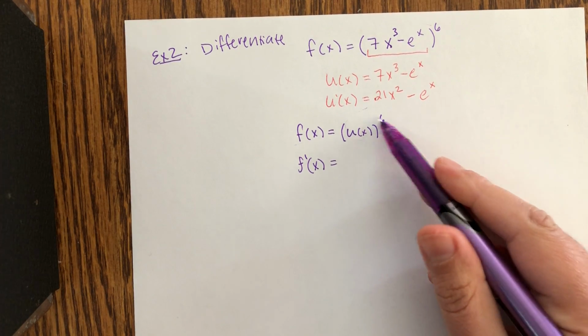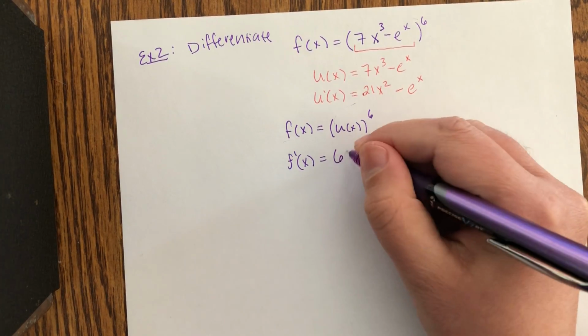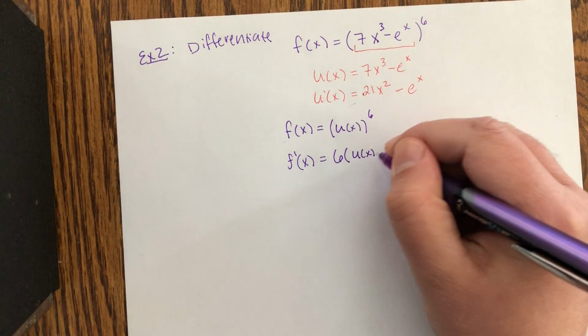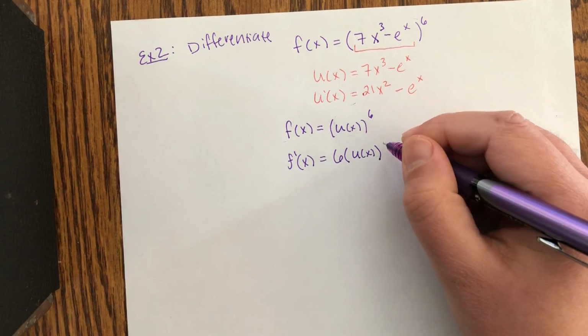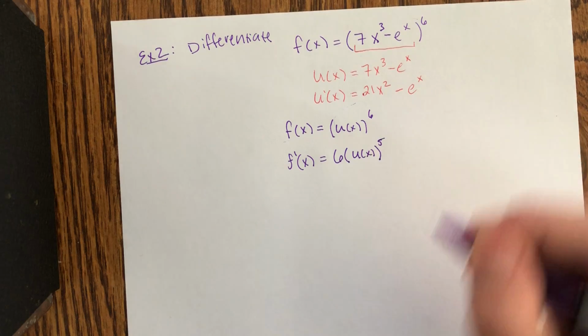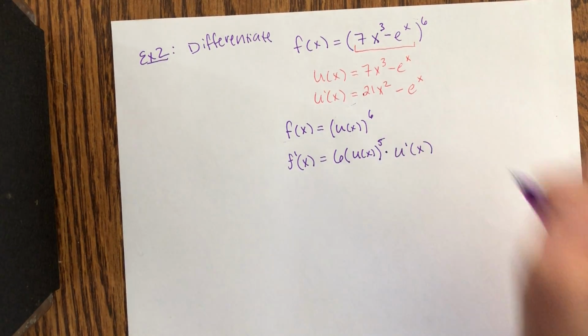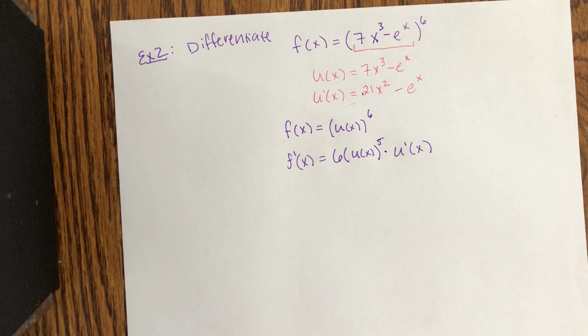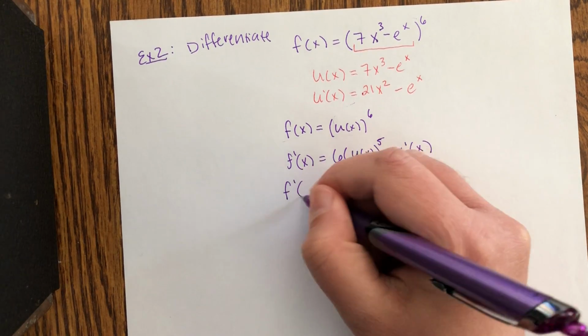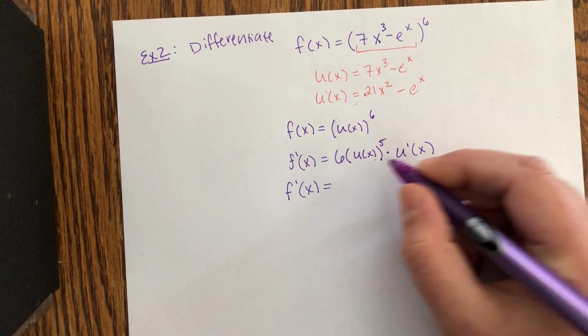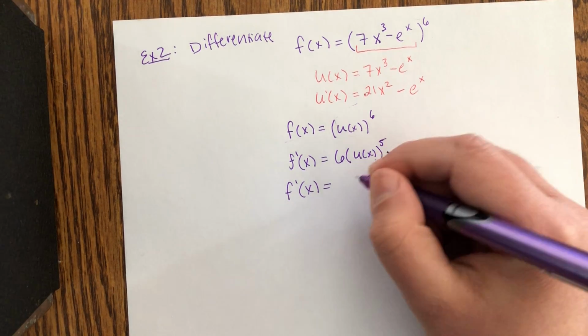The power rule says we bring that 6 down in front as a coefficient, leave the inside alone, raise it to the 6 minus 1 power, so the 5th power, and then multiply by the derivative of the inner function, u prime. Now we plug in our original u of x function, and then multiply by u prime of x.